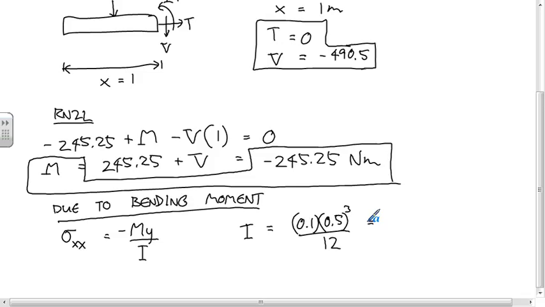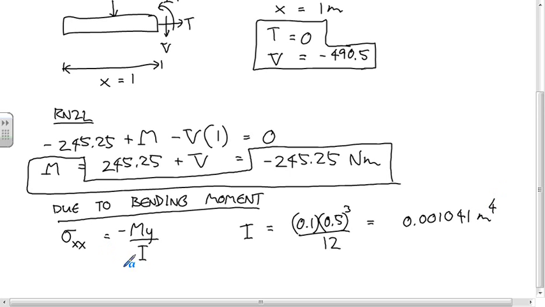Can someone calculate that? And that's rounded off, I think. 0.001041. Okay, keep 4 significant digits there. And what are the units for I? Meters to the fourth, yep.